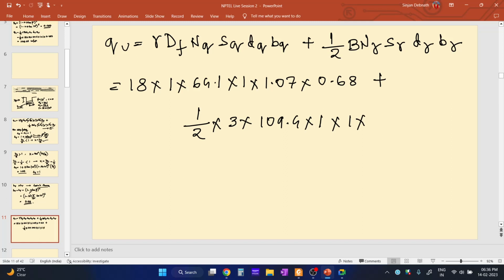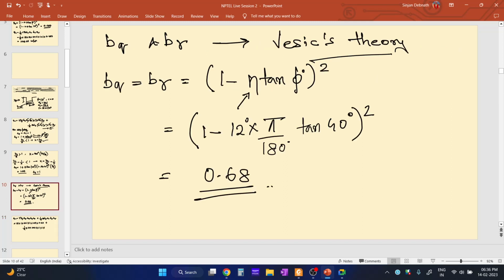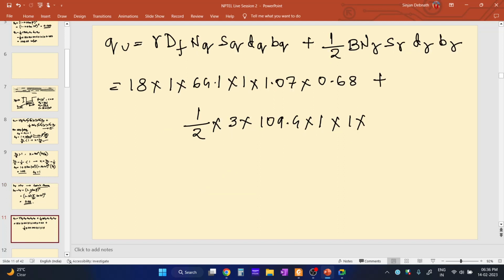And what is the value of B gamma? B gamma is equal to BQ, which is 0.68, which we calculated. Now if we multiply these terms and add them together, we will get QU is equal to 2848.1 kilonewton per meter square.